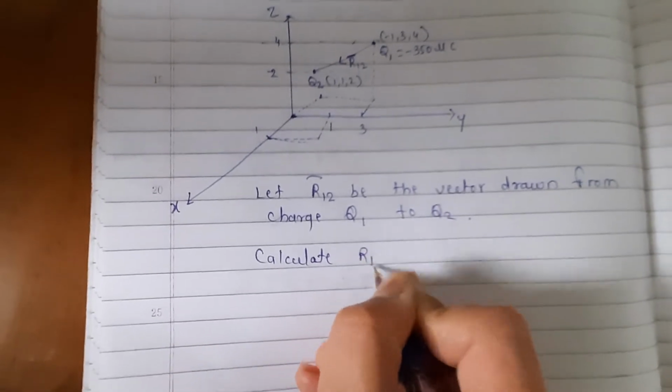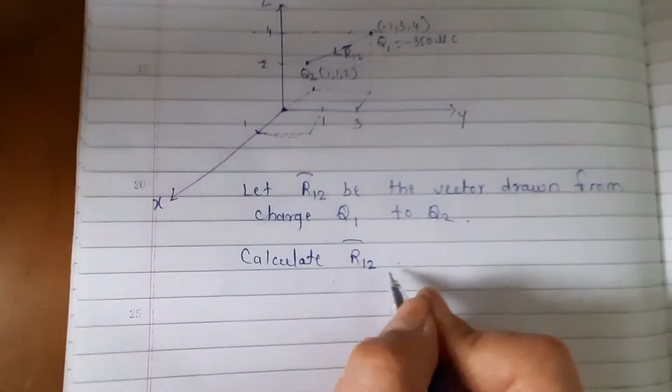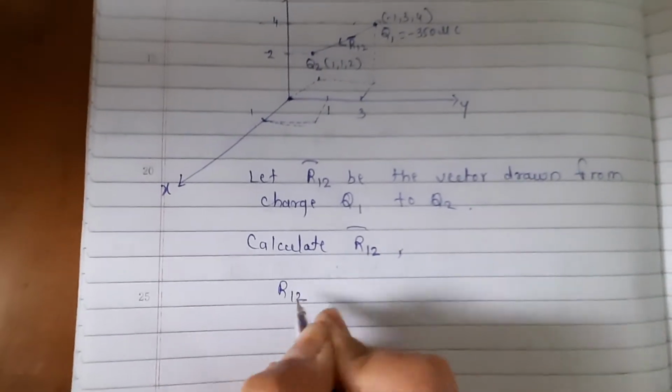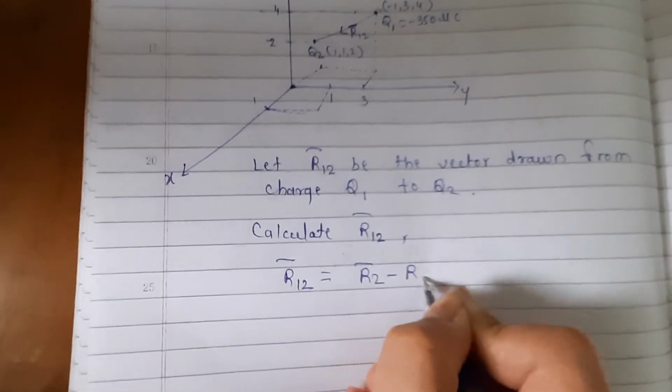It can be represented by r12 bar is equal to r2 bar minus r1 bar.